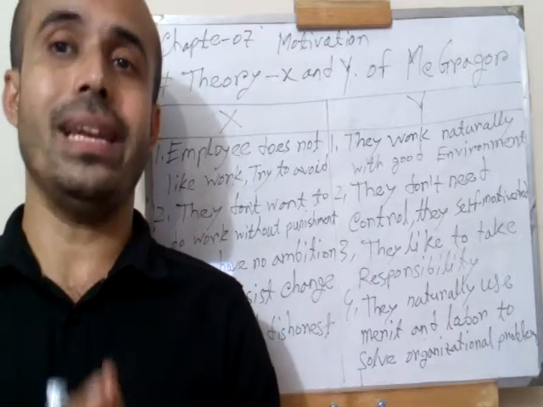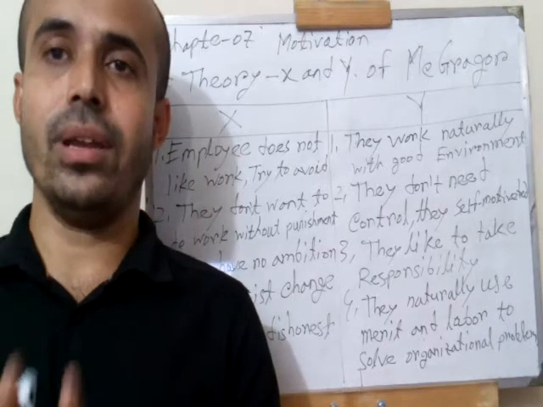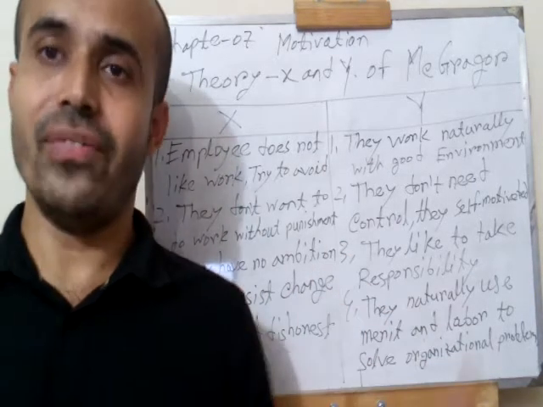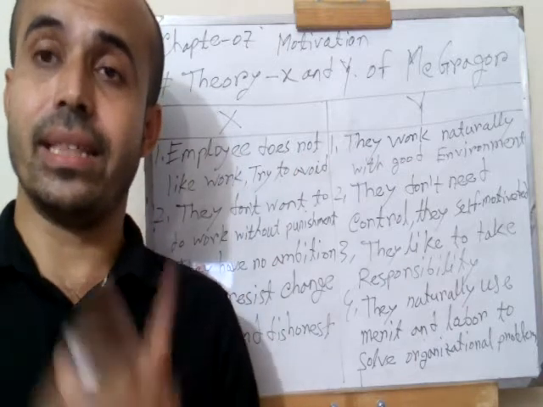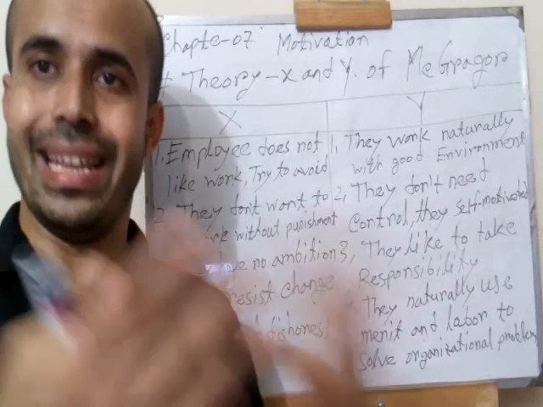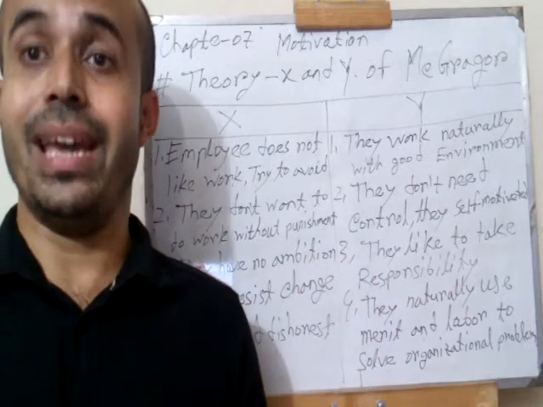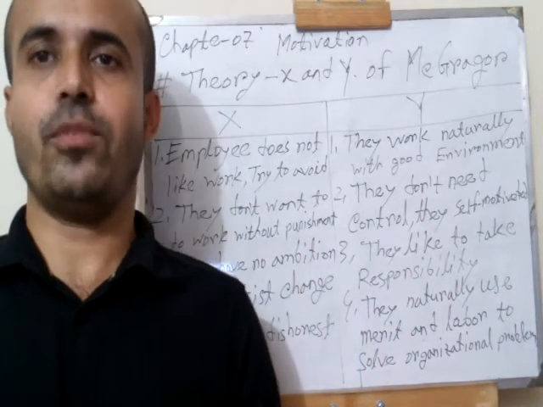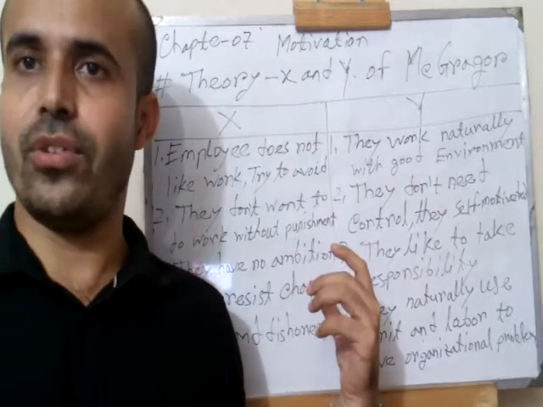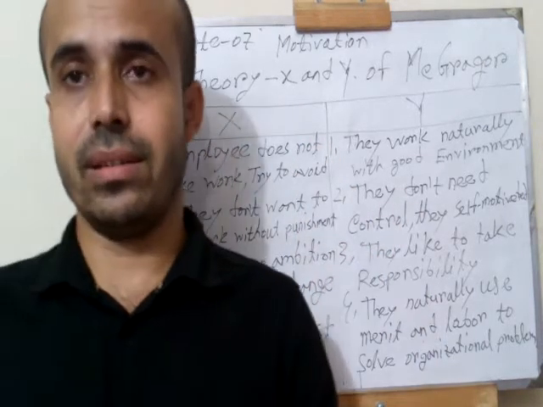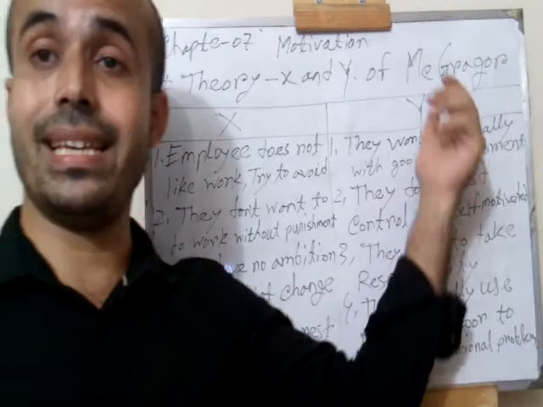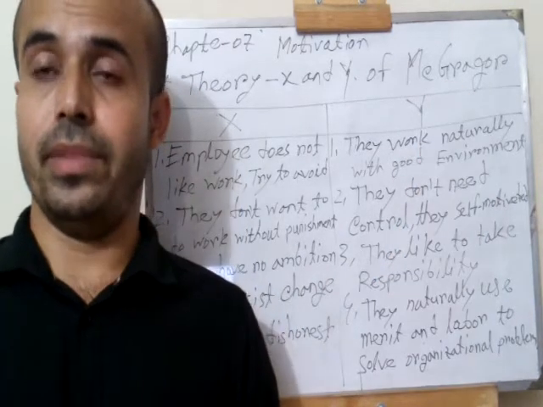It is given by McGregor so that the management or administration of an institution can take the proper decision on which way they will give motivation, negative or positive. If they want to give negative motivation, they have to think about the X theory, and if they want to give positive motivation, they have to think about the Y theory.